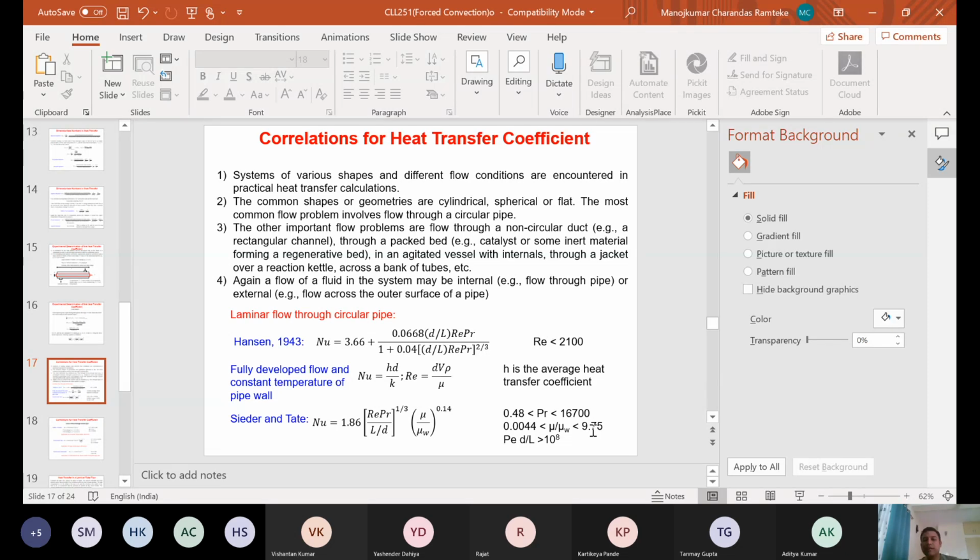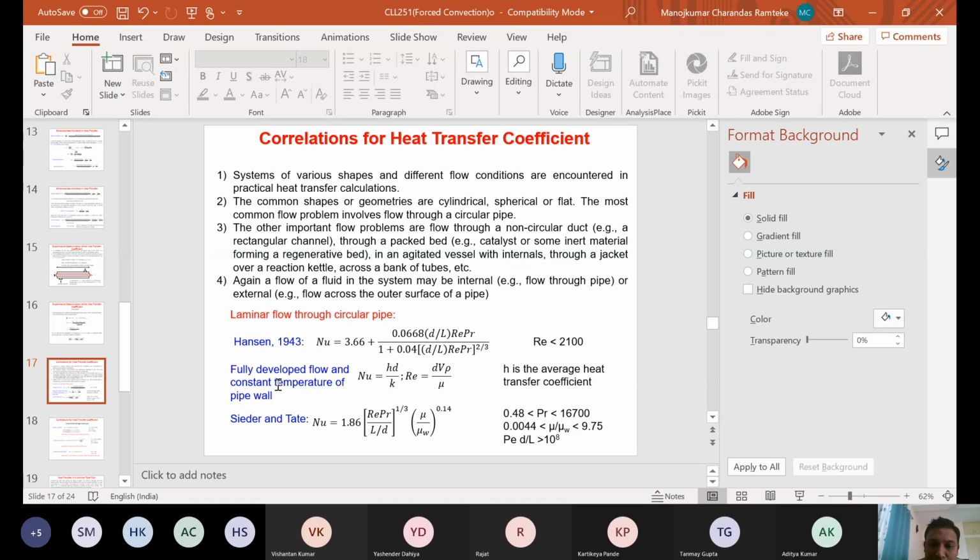Okay, so let us not delay the discussion. The point here is this correlation is valid only for fully developed flow and constant temperature of the pipe wall. This is very important because of this 3.66. You can prove that for a Stokes flow, for a laminar flow, the Nusselt number is equal to 3.66.